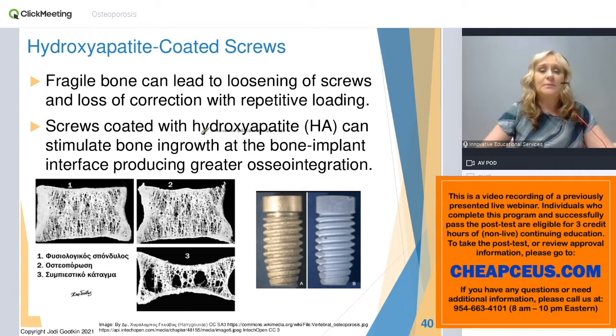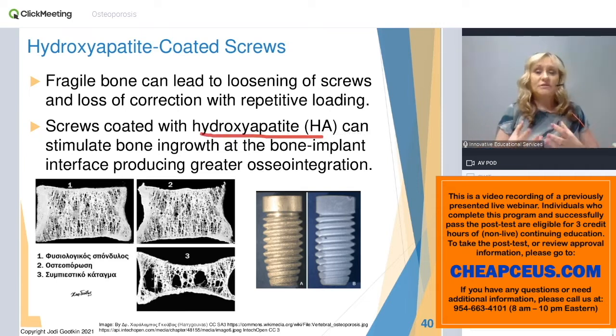The hydroxyapatite, we said, is what is formed to cause that bone mineralization naturally, and they're looking at coating with that so it's more bioactive to allow for better integration into the bone, to encourage more bone formation around the hardware to give better stability.